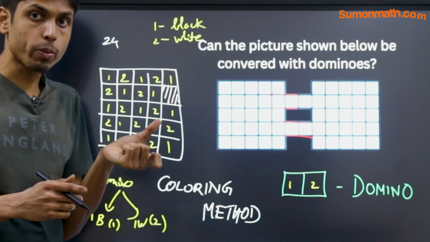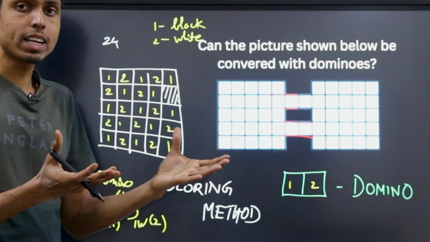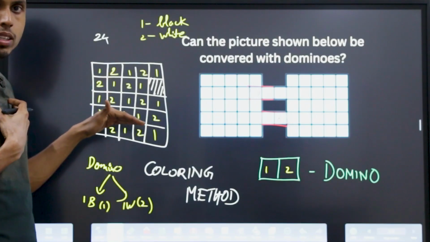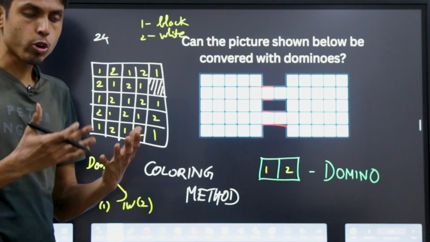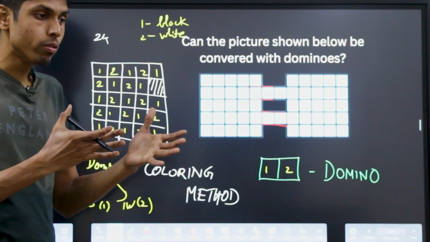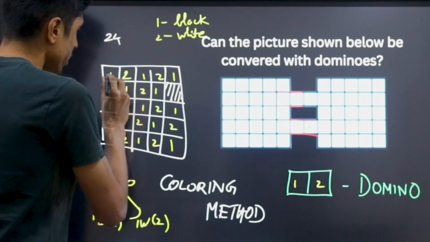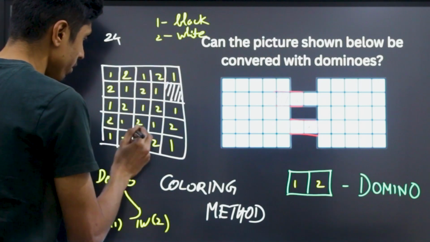We followed the chessboard pattern. There are various ways to highlight the properties of a configuration. This is just one way. Why I am doing it this way will be obvious soon, but as you solve a lot of problems using coloring methods, you will learn this intuitively by yourself. Consider the number of ones here: 1, 2, 3, 4, 5, 6, 7, 8, 9, 10, 11, 12, 13.